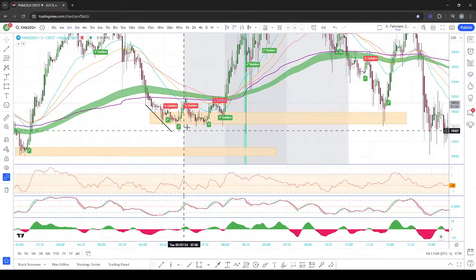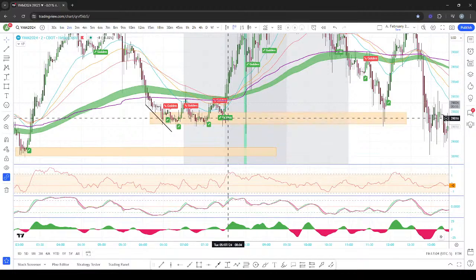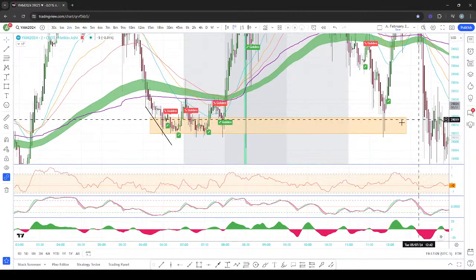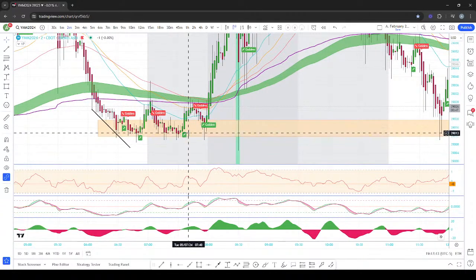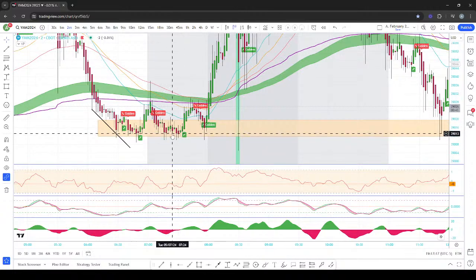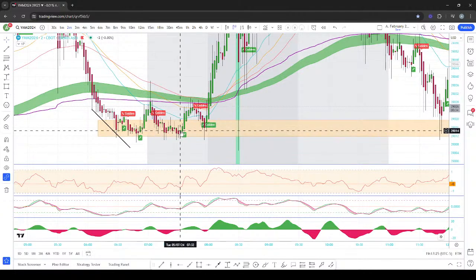So at this point, you just want to wait a little bit to see what would happen coming up. You want to look at market structure and see if price is going to be above the swing low right in here. We also have a nice double bottom, from here to here.